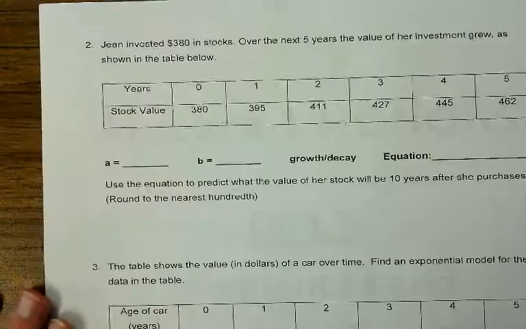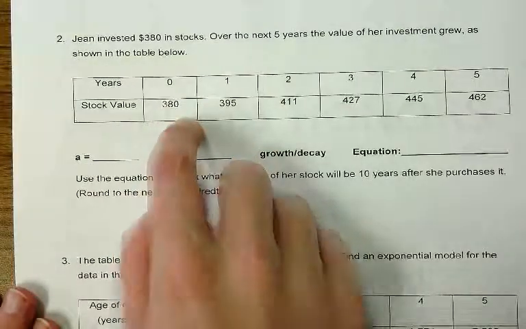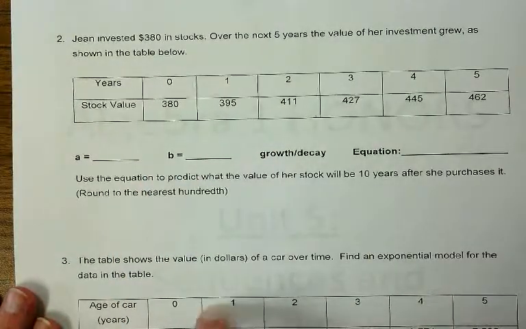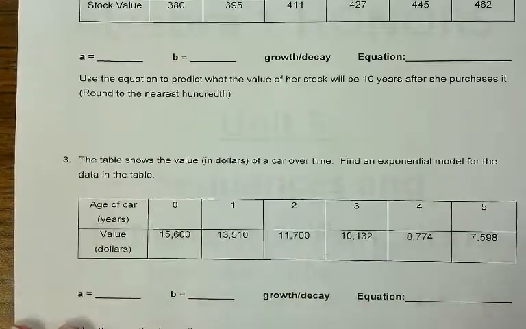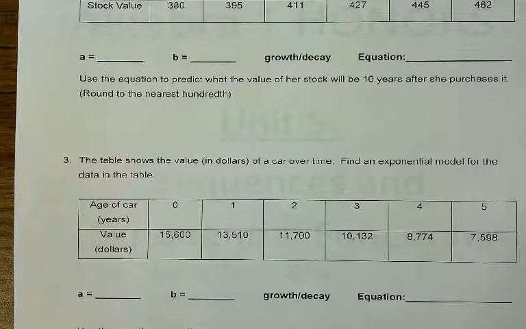Type in list 1, list 2, and then list 1 and list 2. Pay attention. Use your common sense. Is it going to be growth or decay? Do my B's actually make sense? I want you to do those on your own with your calculator.